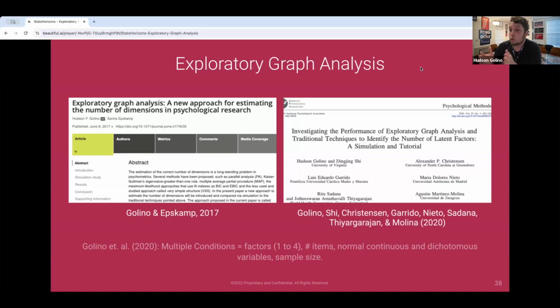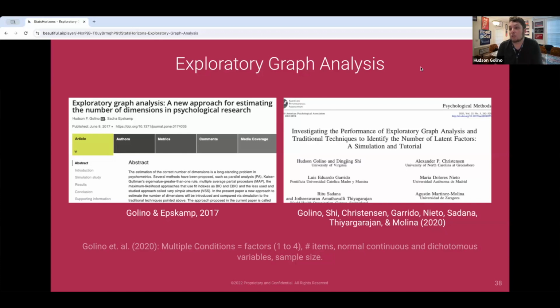I said, let's do a work that is basically you against me. We are going to simulate data, stress test EGA against parallel analysis, and run a huge simulation study. And he was totally convinced that it was never going to work, that parallel analysis could not be surpassed in terms of accuracy.